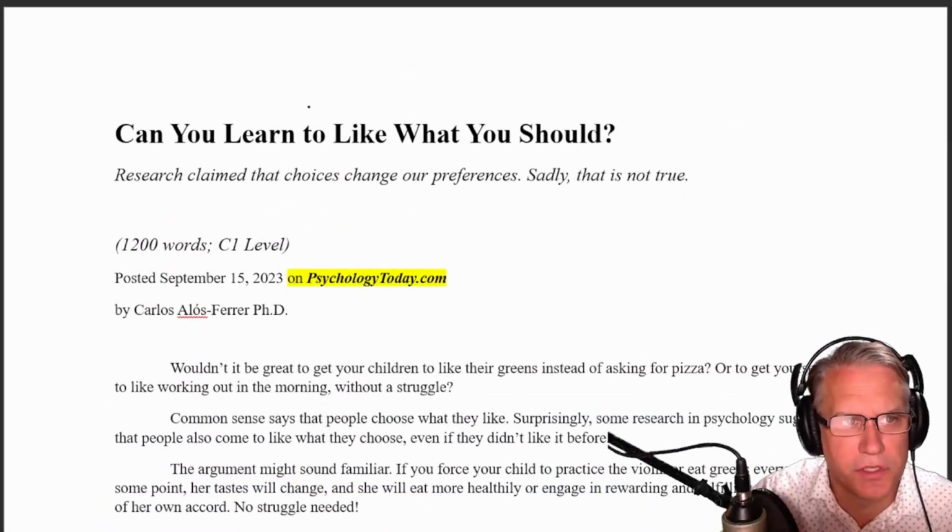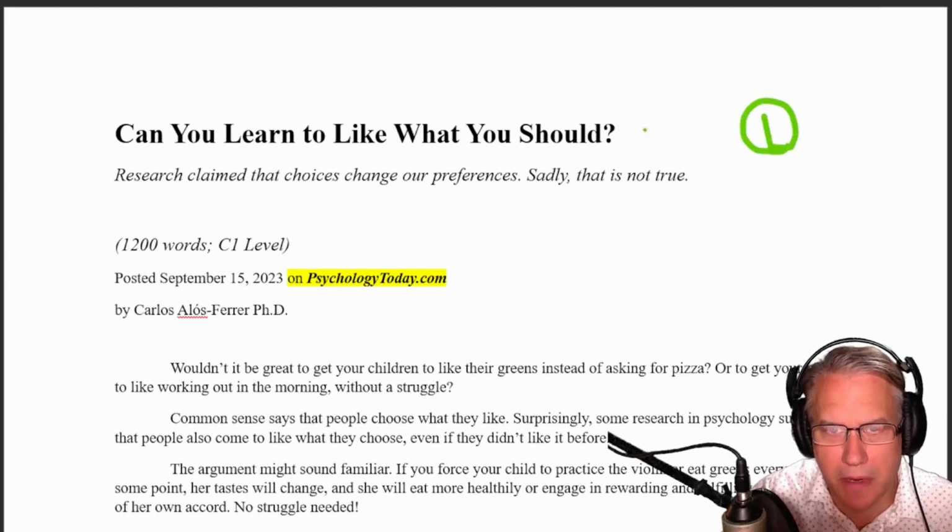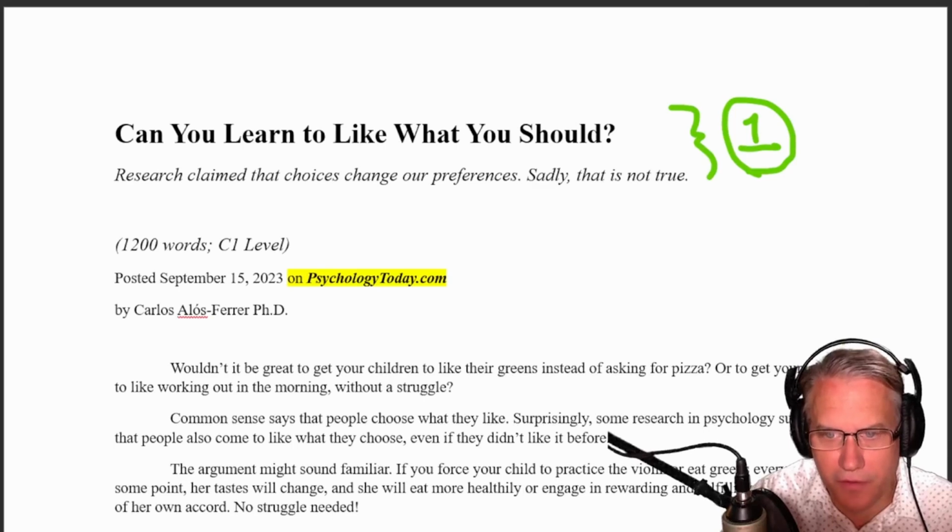So first, this is my number 1. Can't draw a number 1. There we go. Number 1, we're dealing with the title. Then the first paragraph.